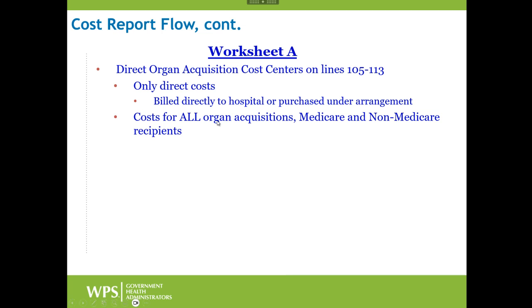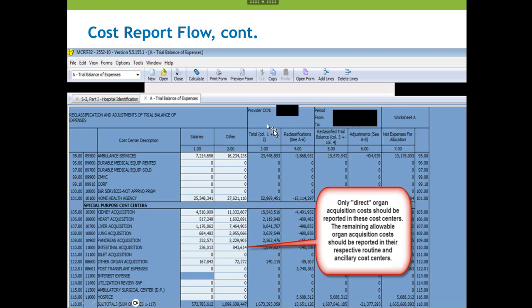But the important thing to understand here is that for anything on worksheet A, we're talking about all costs regardless of the recipient, Medicare or non-Medicare, regardless of the patient type. They're the costs for all organ acquisitions. That's the key thing. It could be all patients, but it's just those costs that clearly relate to organ acquisition, which we'll talk about in just a few minutes.